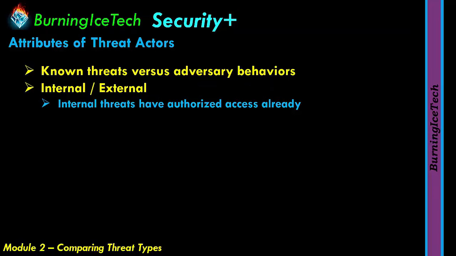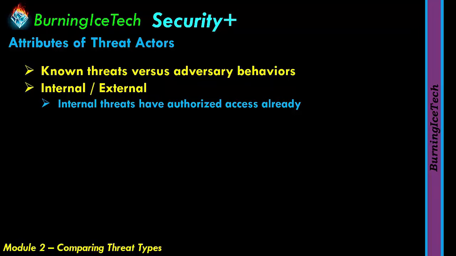If you are, let's say, a hacker of sorts, coming in from the outside as an external person, then generally speaking, it's going to be a lot harder. Internal threats have it a lot easier. They're already behind your firewall. They're already inside your network, and they tend to already have a certain level of access. So internal threats are actually a little bit more risky if you think about it.